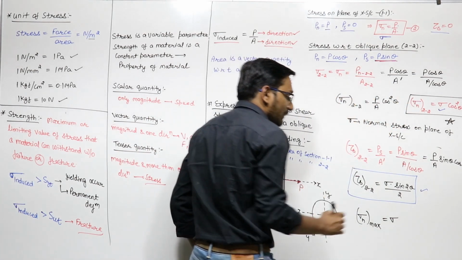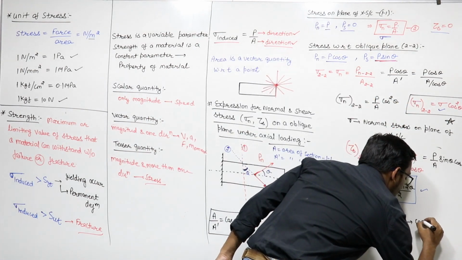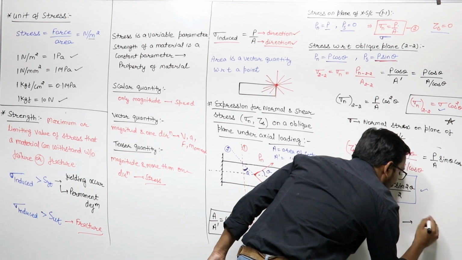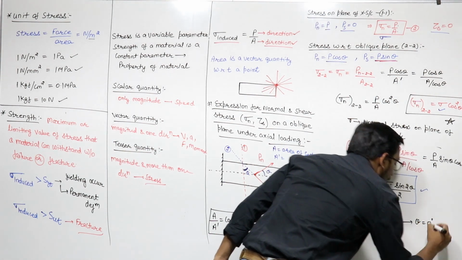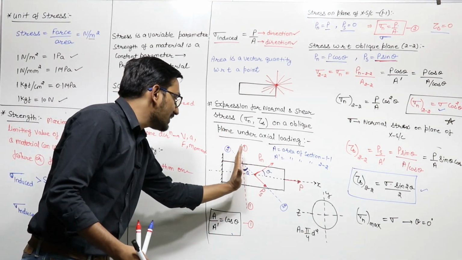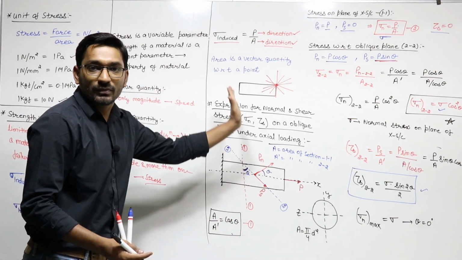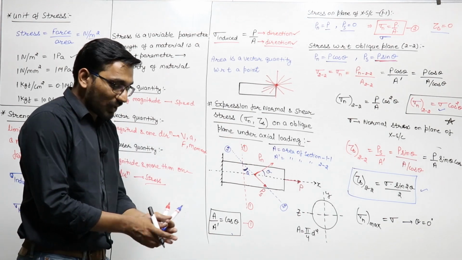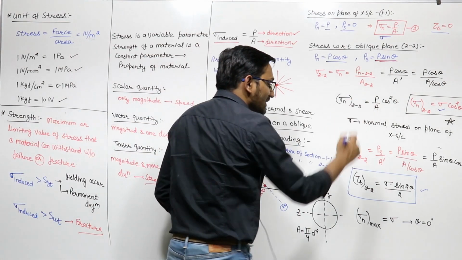Cos 0 is 1. Theta equal to 0 degree means the plane of cross section.